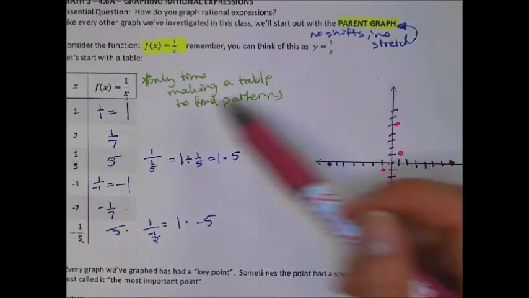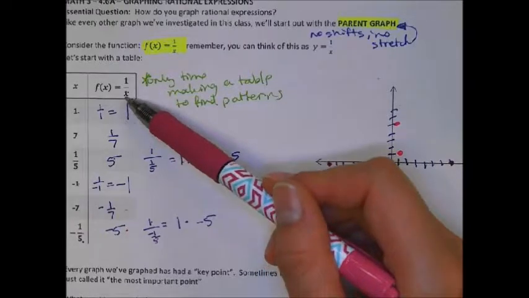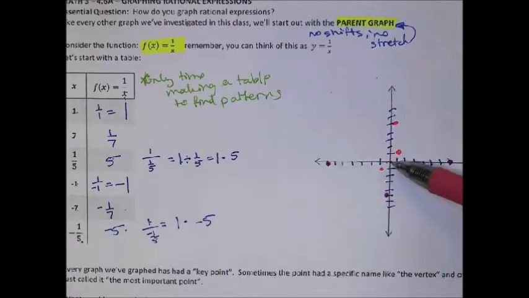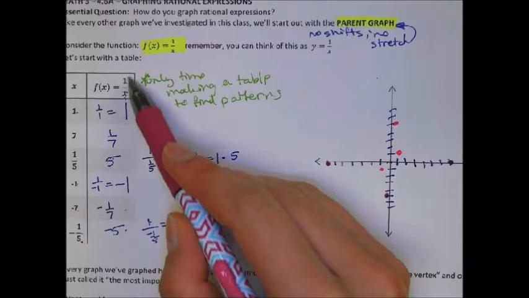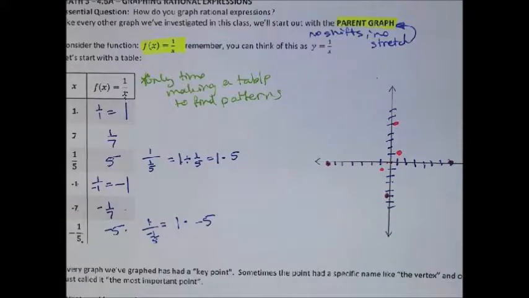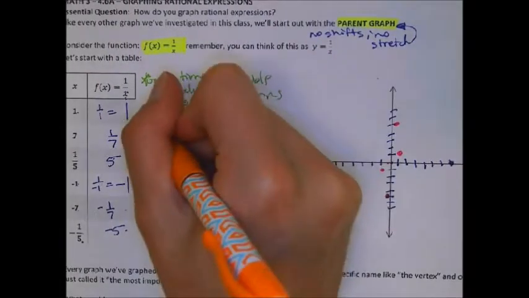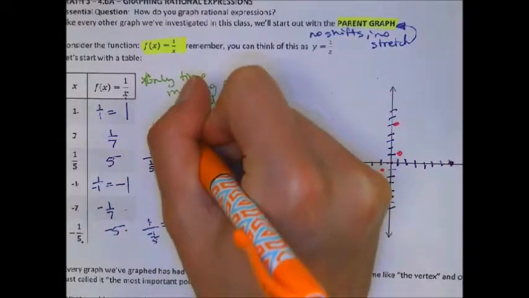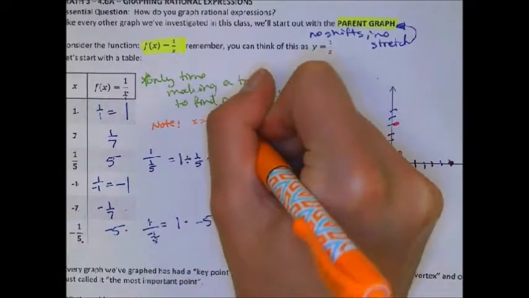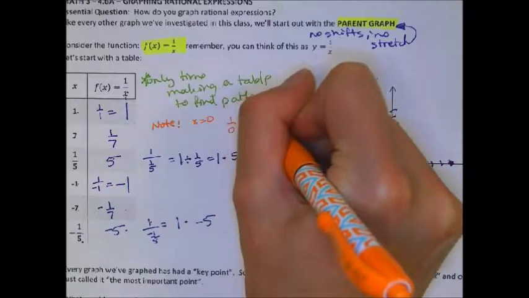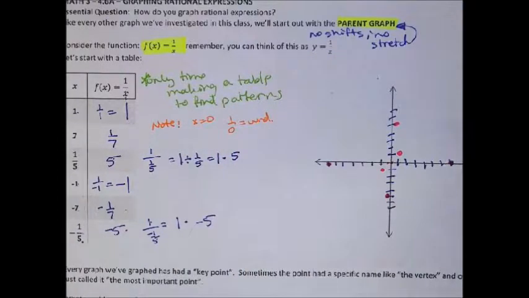Okay, so let's see what pattern is happening here. My first question is, can I plug in 0? Can I know what's happening at 0? If I plug in 0, I get 1 divided by 0. Here's another note: x equals 0, 1 over 0 is undefined. So 0 doesn't work.